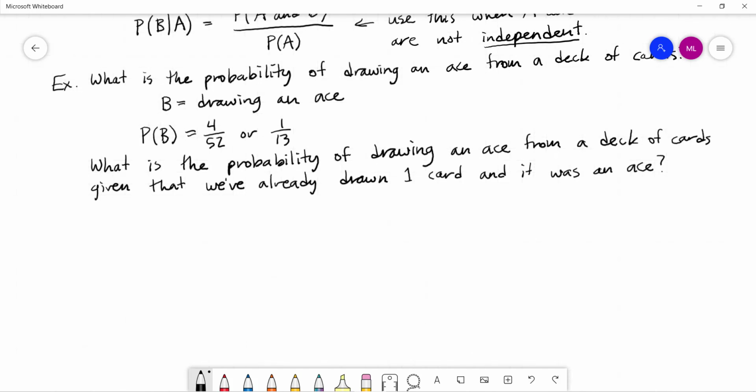So in this case, we're saying the probability of B given some event A. Let me define A first. Event A is that the first card drawn is an ace. And event B is the event that the second card drawn is an ace.